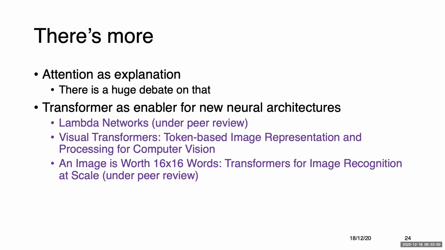First of all, the attention, as it is defined, can be used as an explanation. Whether attention can be used as an explanation is a topic of a huge debate in the NLP community specifically, and we can talk about it. Also, the transformer architecture, which is based on attention, is the enabler for new neural architectures.